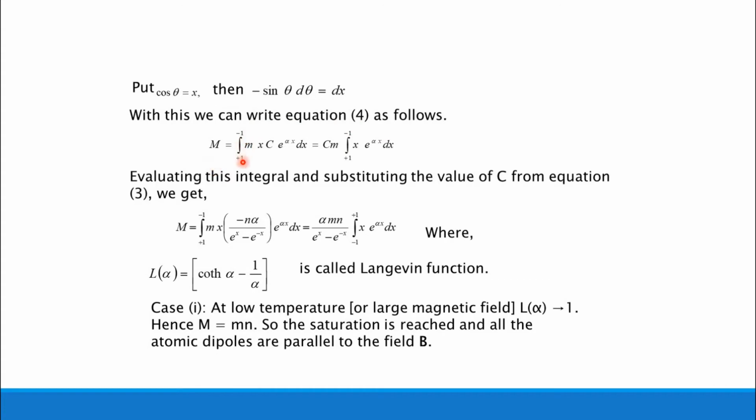M = ∫ from +1 to -1 of m c e^(αx) dx = cm ∫ from +1 to -1 of x e^(αx) dx.